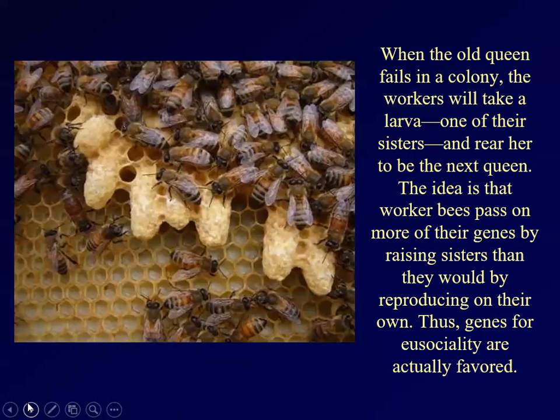So if there is a gene that promotes this kind of eusociality, the number of copies of it is going to go up from one generation to the next, because more copies of that gene will get passed on than genes passed on between parent and offspring. The workers are passing on more of their genes by having a queen than they would be passing on by having offspring themselves.